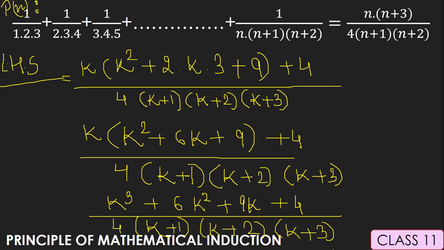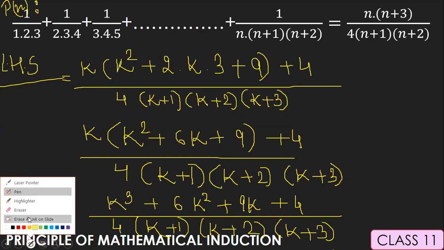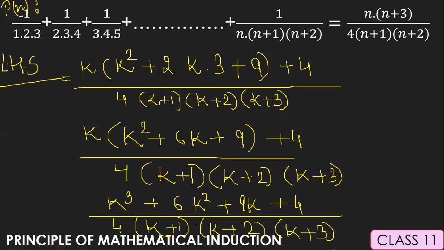That would be k plus 1. So we need to form the factor of the numerator. If k plus 1 is the factor, then k plus 1 is 0 and k would be equal to minus 1. So let us try to put minus 1 in the numerator instead of k.